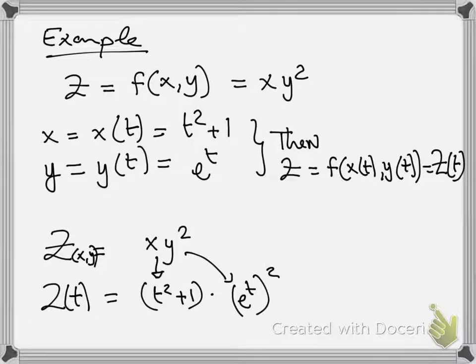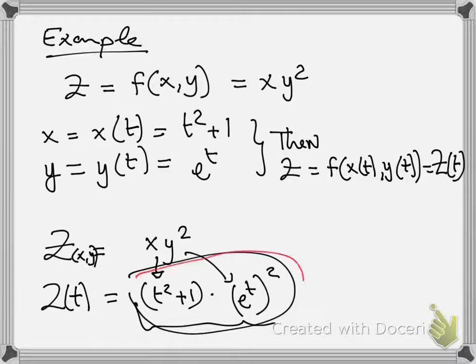So now z is a function of just a single variable, which is t, right? So here, this is z of t. Okay, this is z of x, y, and this is z of t. Now let's compute the derivative of z with respect to t. So z prime of t, which is dz dt.